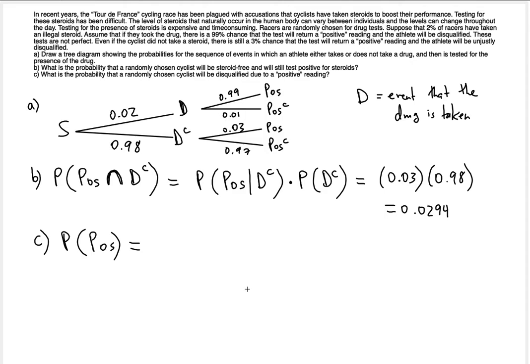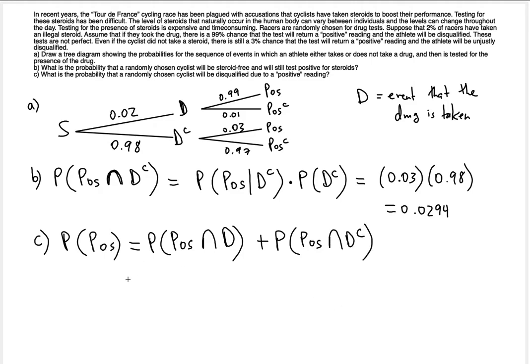The probability of testing positive can come with taking the steroid, which is the D event, and not taking the steroid, which is this probability here. So we can have positive together with the drug being taken, plus another event. That's why we're adding it, because they're separate, mutually exclusive events: scoring positively together with the fact that you did not take the drug.